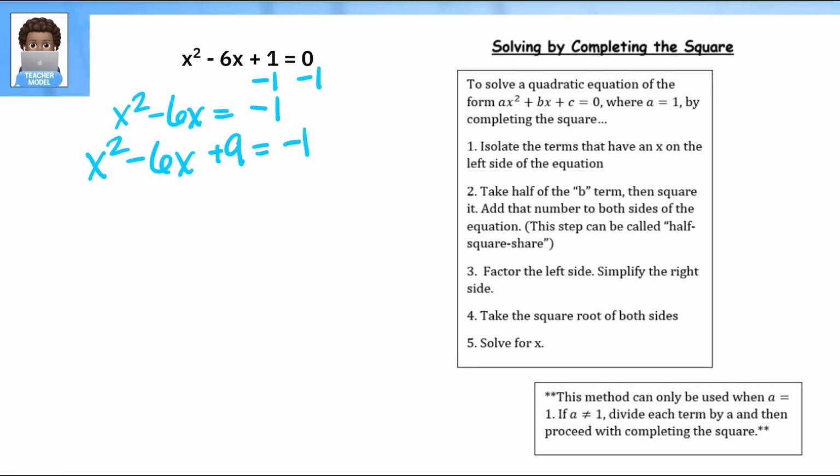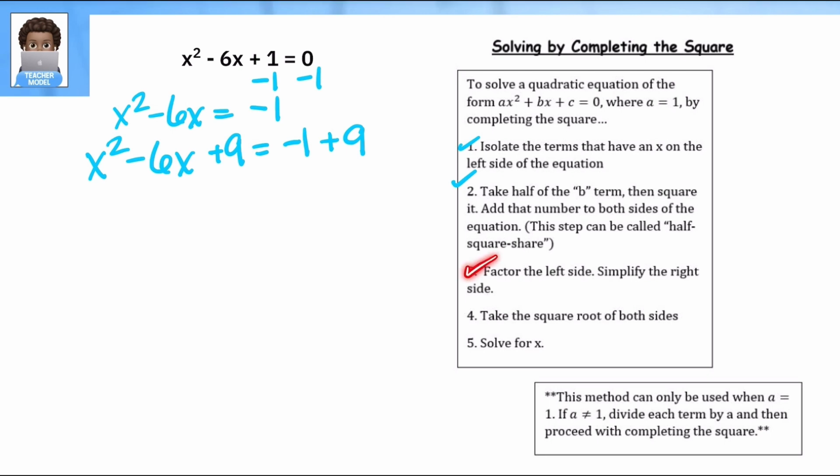And I'm going to do the same thing to the other side. I'm going to add a positive 9. So again, all I did was I took half of this number, which was negative 3, and I squared it to get positive 9. And if I put it here, I had to put it here as well.